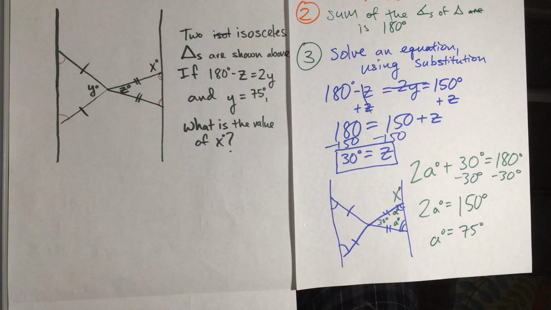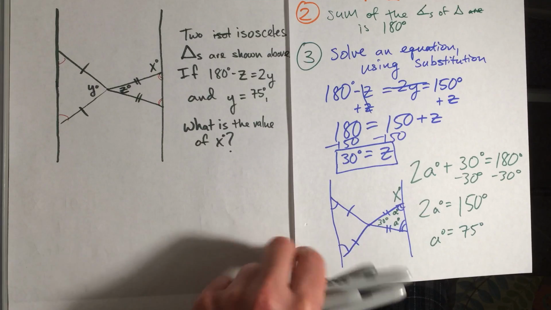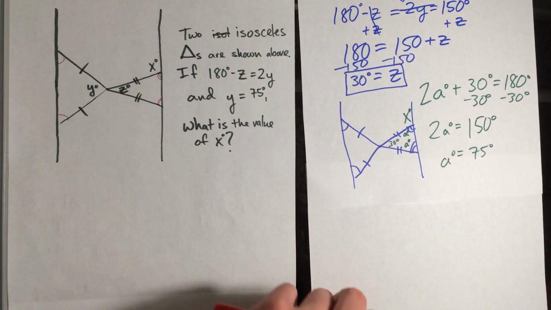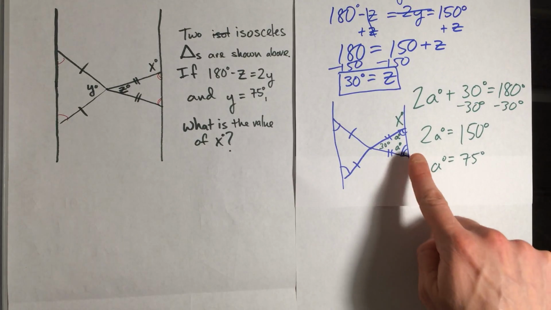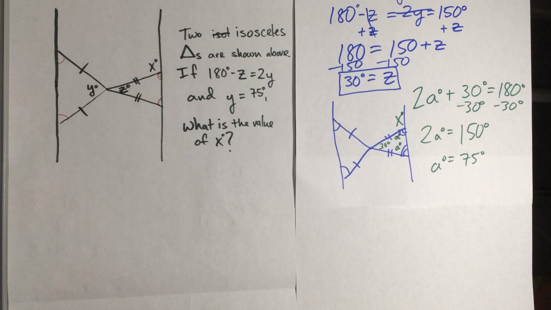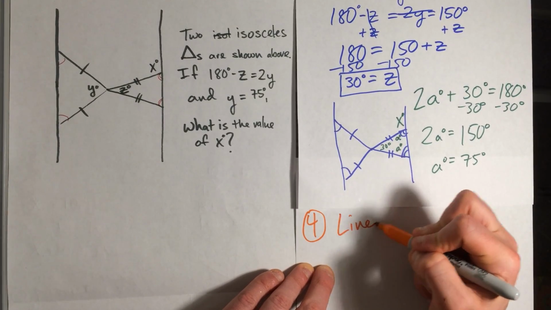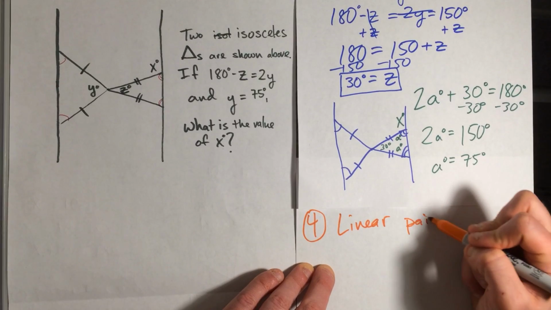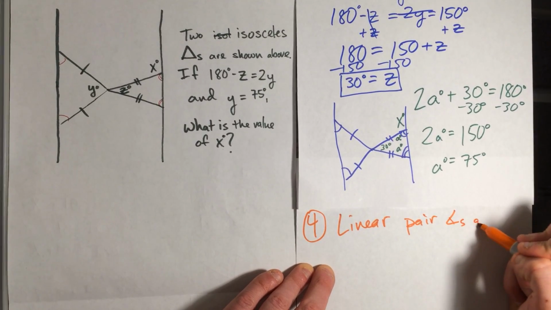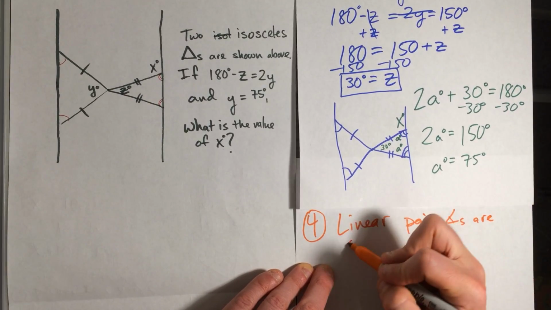And so we have to add one more thing. So now we have A. And the fourth thing we need to know, let's go back to orange to cap it off, is that linear pair angles are supplementary.